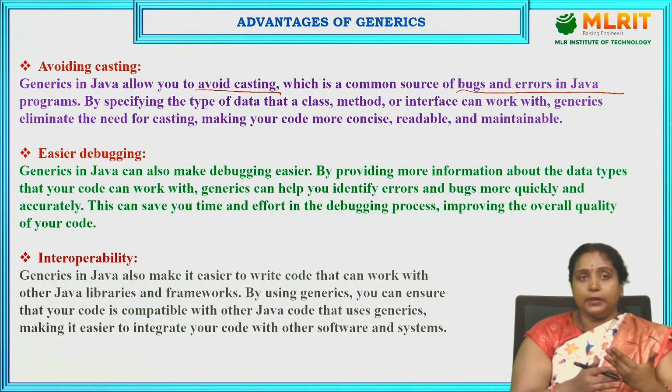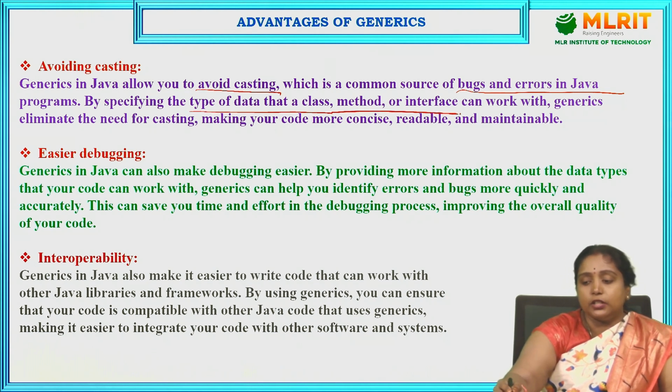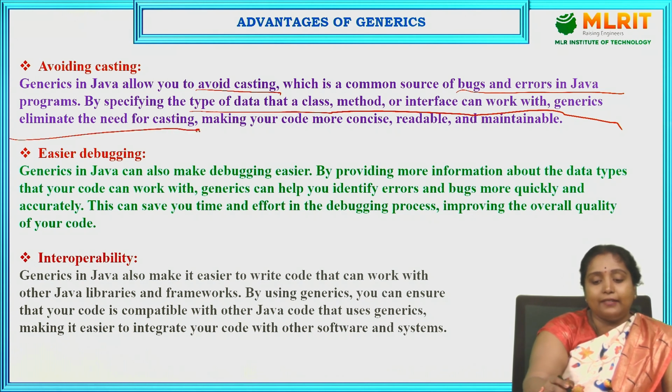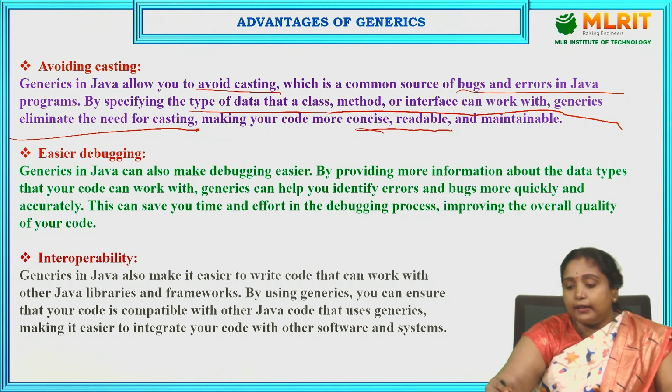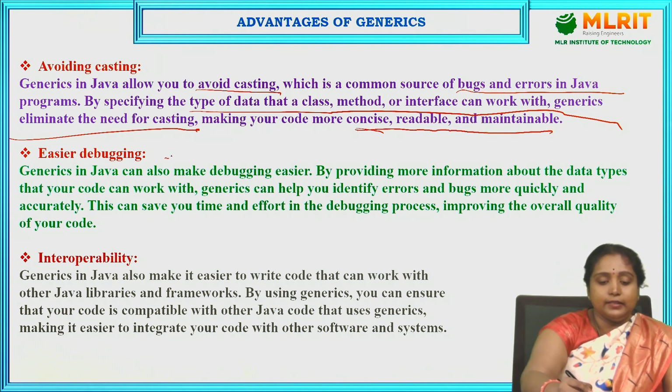Implicitly it can be done, but instead of that, it can avoid casting by specifying the type of data that the class, method or interface works with. Generics eliminate the need for casting, making your code concise, readable and maintainable.